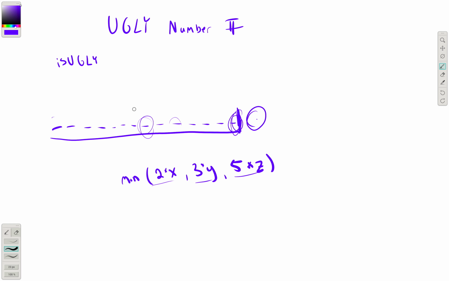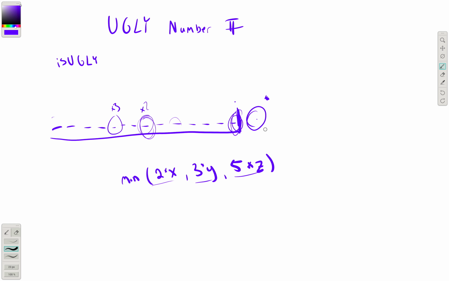Now we're looking for the one, maybe this one times 2 is like 4 more than the last number. And then we have 3 here. 3 times this is actually going to be 5 more than the last number.